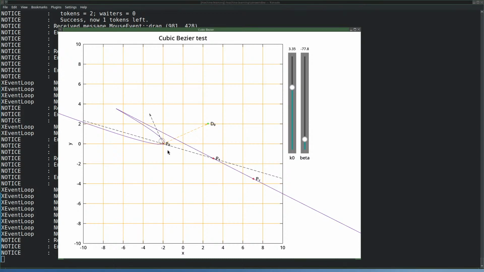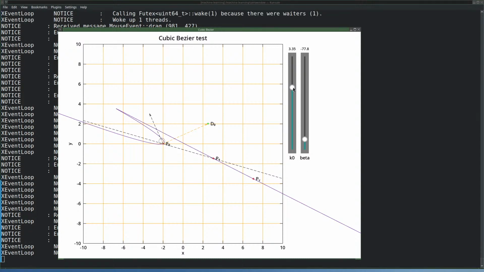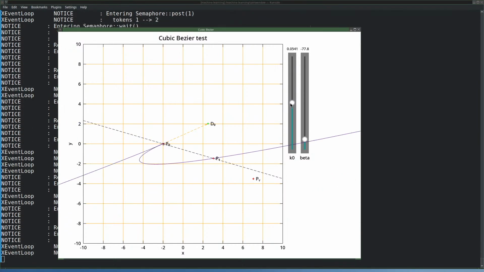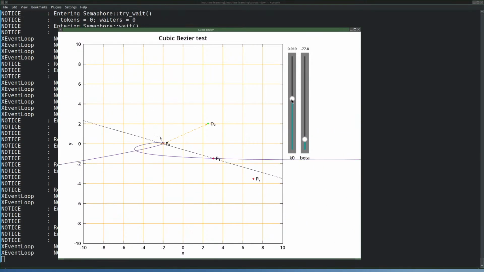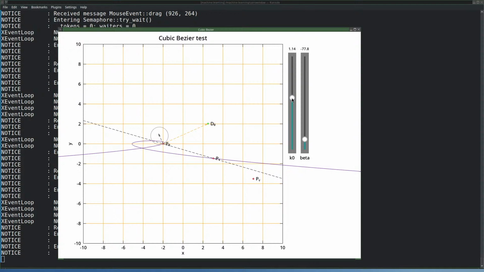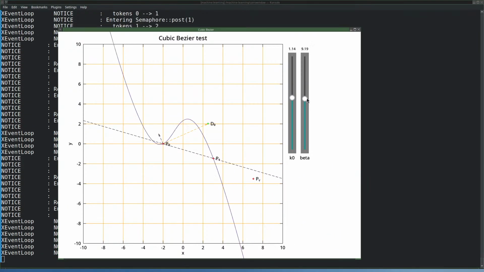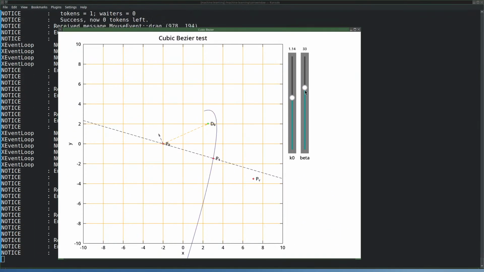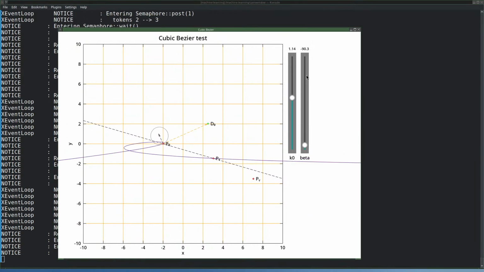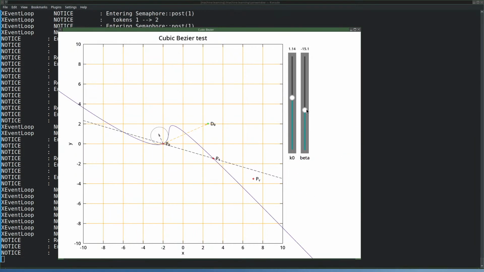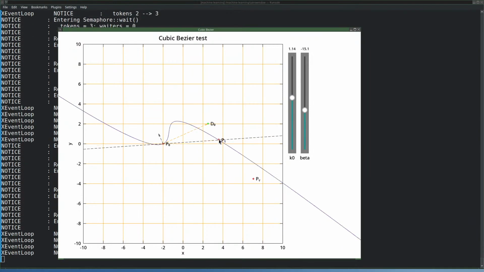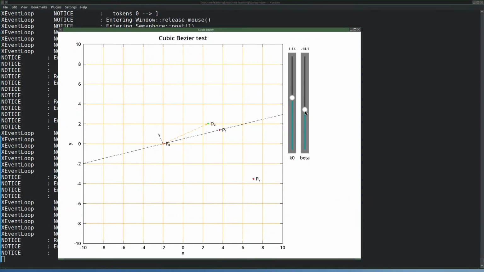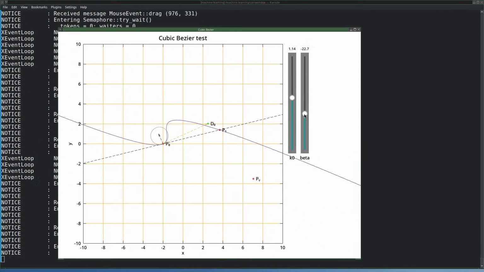Or I had it like this, it was even worse. I don't know why I can't get that anymore. The curvature was positive. No, I don't know. Does it look the same as before? No, it doesn't even look that bad.